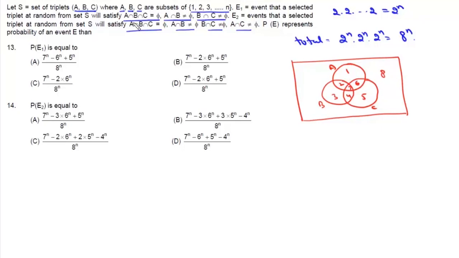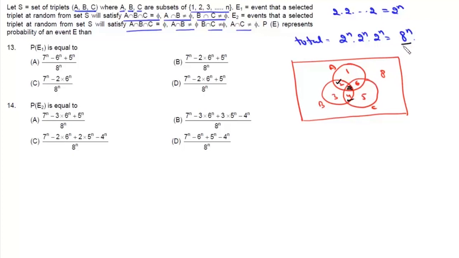We are given the condition that A intersection B intersection C is empty, so we are not supposed to choose this 7th region. There should not be any element in this 7. And since A intersection B is non-empty and B intersection C is non-empty, there should be at least one element in region 2 and at least one element in region 4.